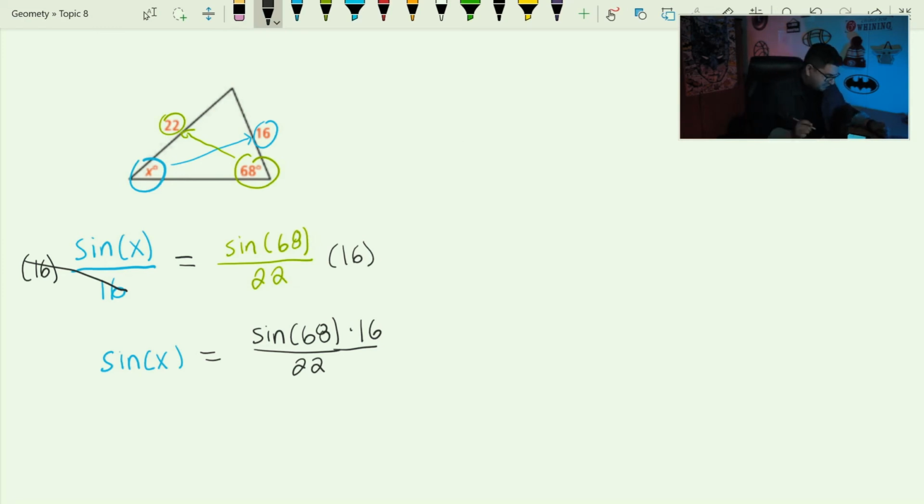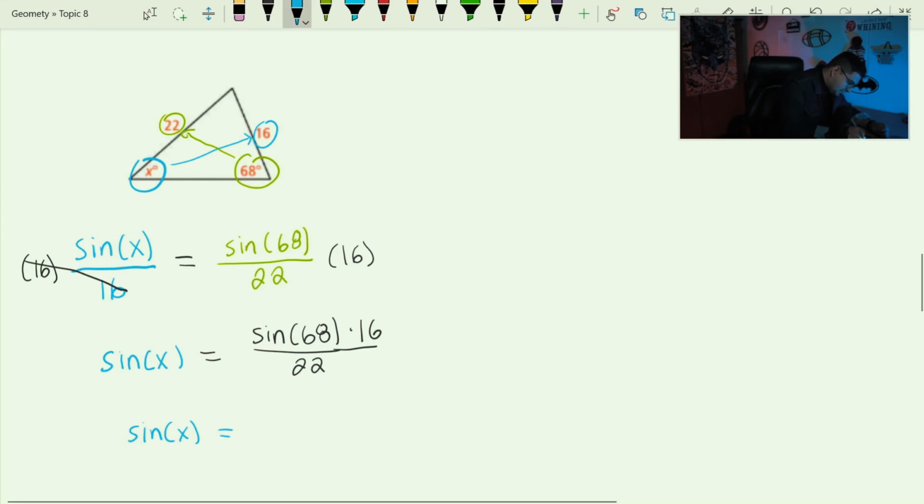And now we're actually going to go ahead and calculate this on the right. We're going to get sine of x equals 0.674. If you use a calculator, you'll see that that's what you get. I'm rounding just a little.